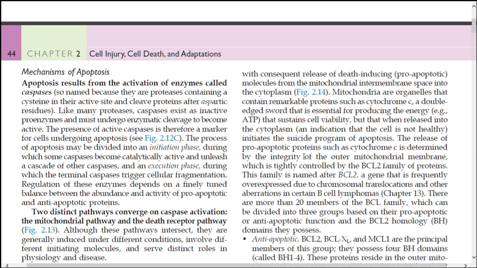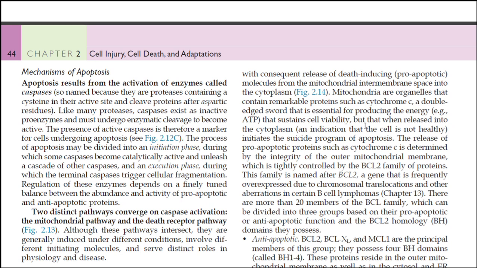If these pro-apoptotic molecules reach the cytoplasm, they initiate the suicide program of apoptosis. Due to increased permeability of the mitochondrial membrane, pro-apoptotic molecules and cytochrome C leak into the cytoplasm of the cell.